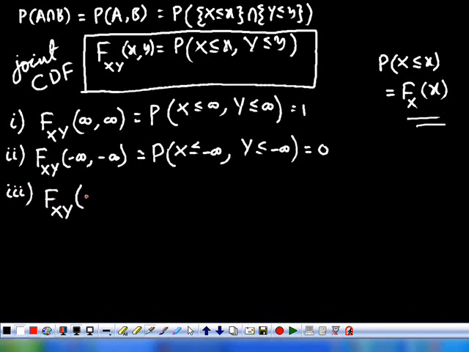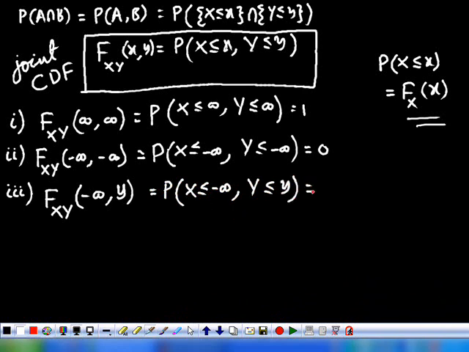Fxy of minus infinity comma y. What does it mean? X is equivalent to minus infinity and y is equivalent to y. This is probability of x less than or equivalent to minus infinity, y less than or equivalent to y. Understood?